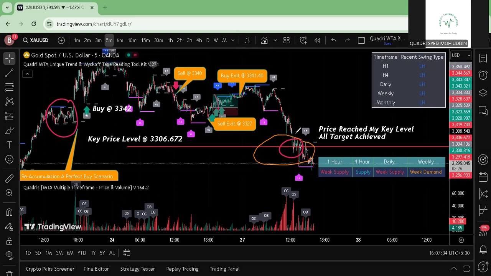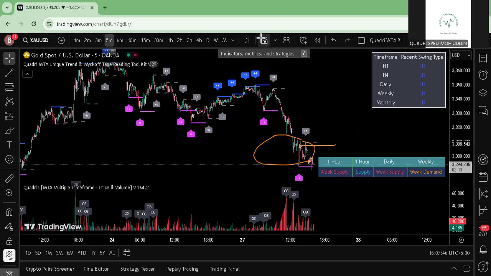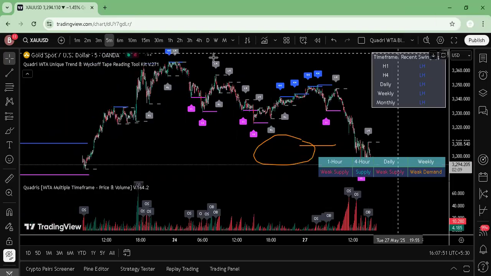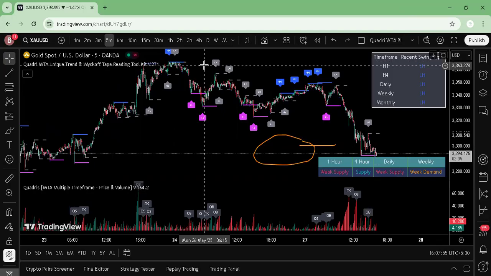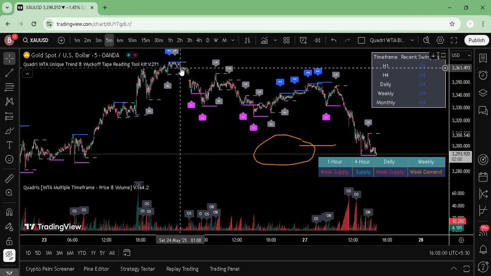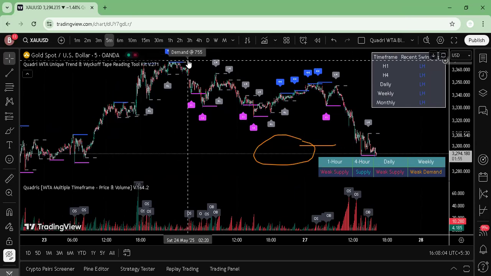So what is the significance of this level? For example, here I'll hide the drawings so that you can understand it. When the price was trading at this particular level, that was around 3360 or 3370, give or take, between 60 to 70.